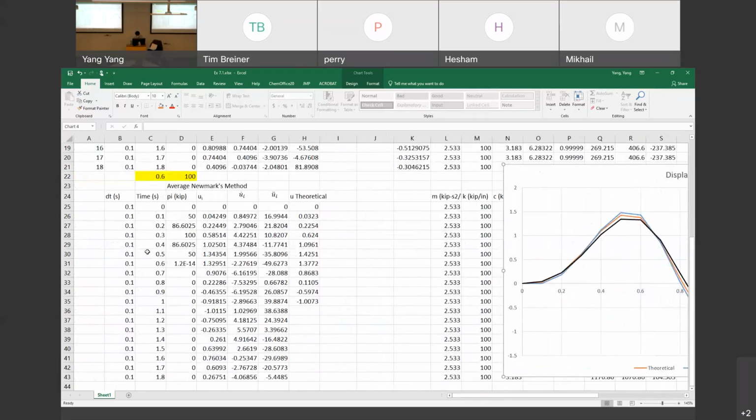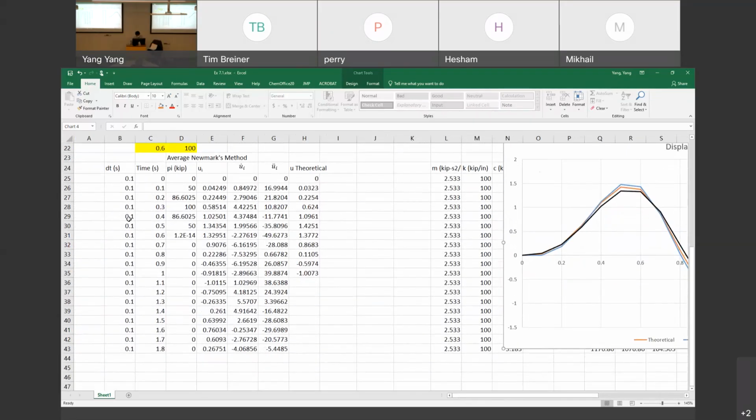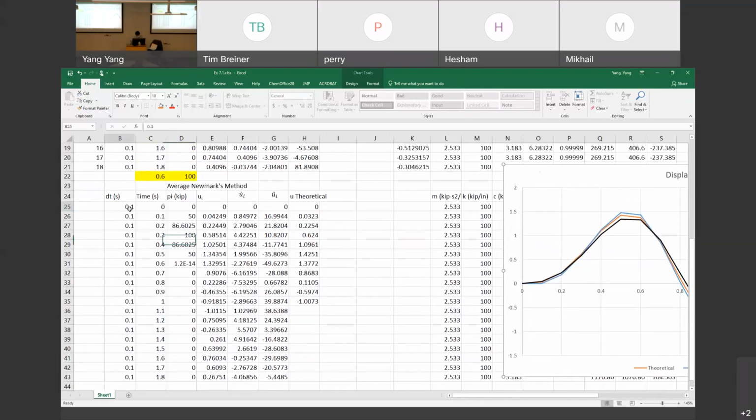For example, if we change, we can use a finer time step here. We use half of the time step here.